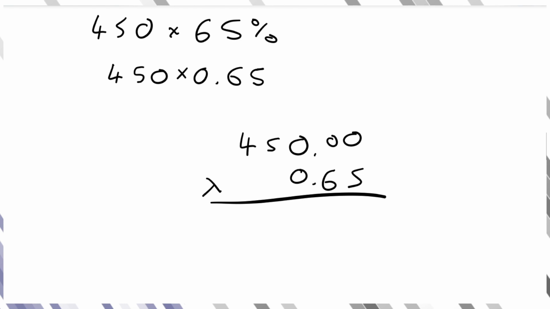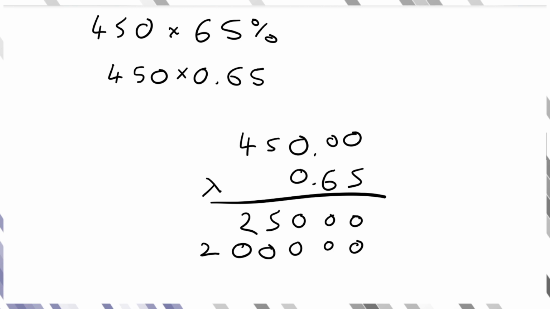Alright, 450, let's ignore the decimals and think of that as 65,000, which is 5,000 times 5 is 25,000. And then we've got this 4, this would be 40,000, that times 5 would be 20, and then 1, 2, 3, 4 zeros, so 1, 2, 3, 4, and then a 20.